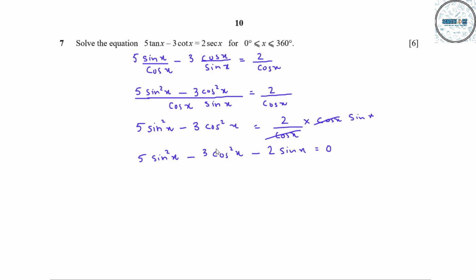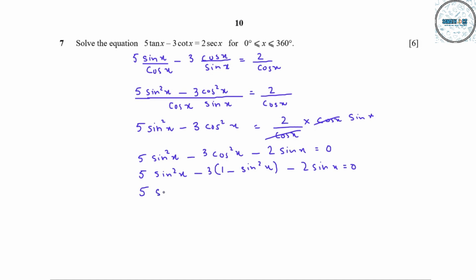So we have to replace either cos square x by 1 minus sin square x or sin square x by 1 minus cos square x. We have here 2 sin x, so it's better if we replace this cos square x by 1 minus sin square x. So it would be 5 sin square x minus 3 into 1 minus sin square x minus 2 sin x is equal to 0.